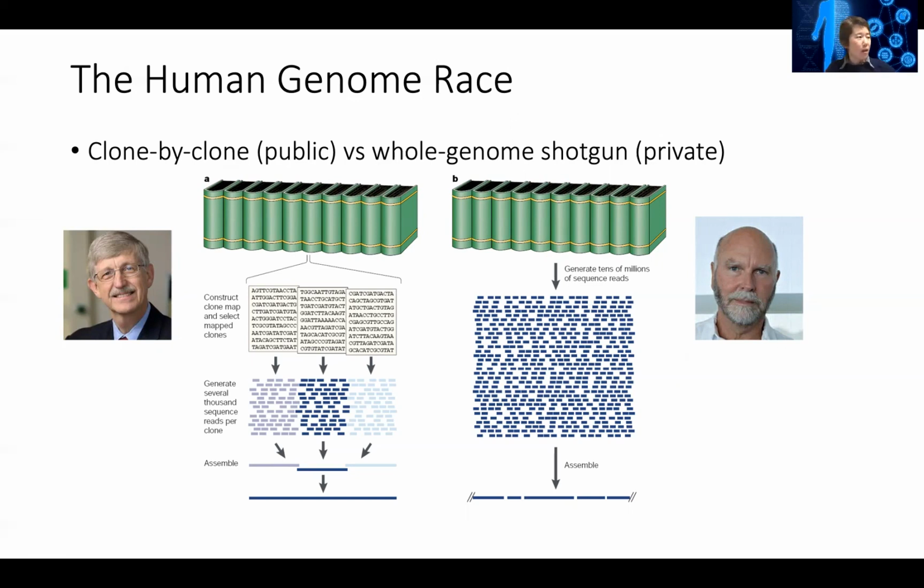At the time, there were hundreds of scientists, from the US and 6 other countries, joining the effort. Their approach was a divide and conquer approach, or clone by clone approach.